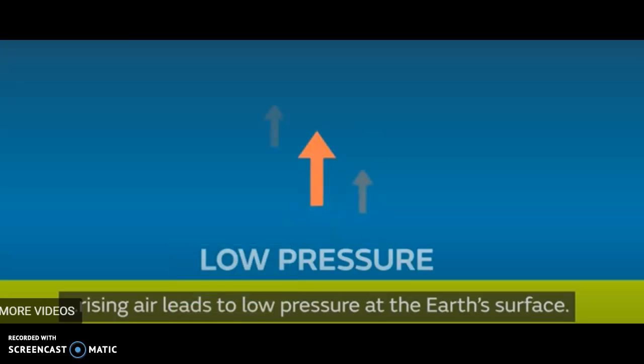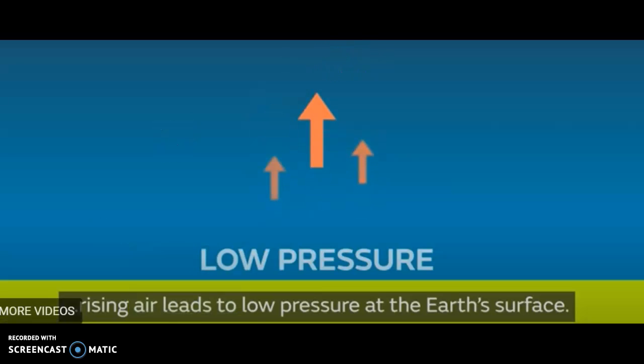So although we can't see the pressure in itself, it affects the kind of weather that we have. Let's take a look at that again. Low pressure is when the wind or air mass pushes up from the Earth's surface, right? And when we have low pressure pushing up, we will get clouds and maybe rain and wind.